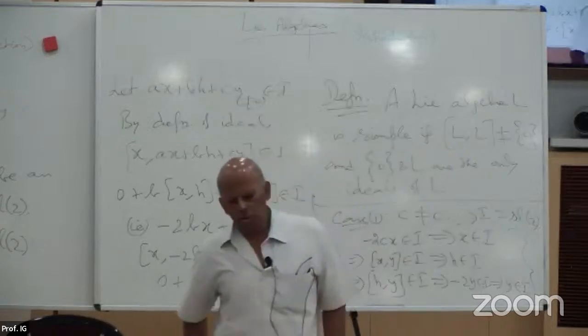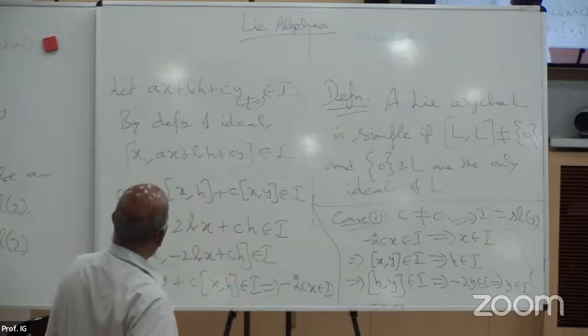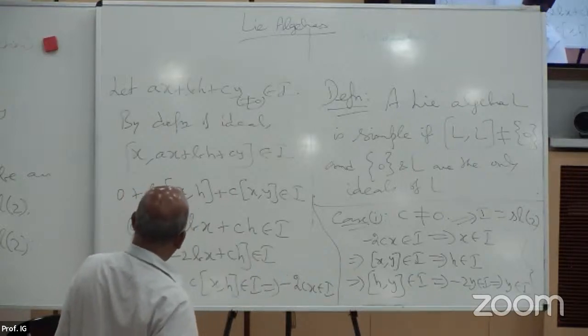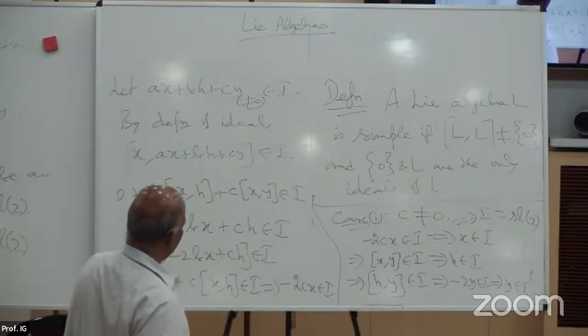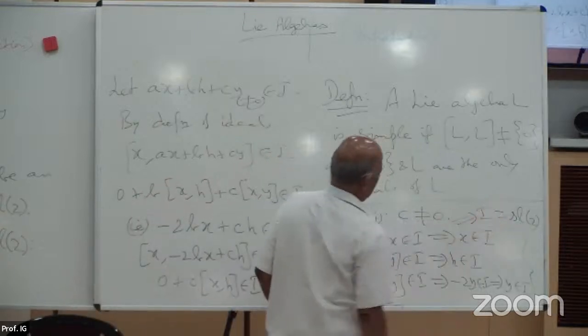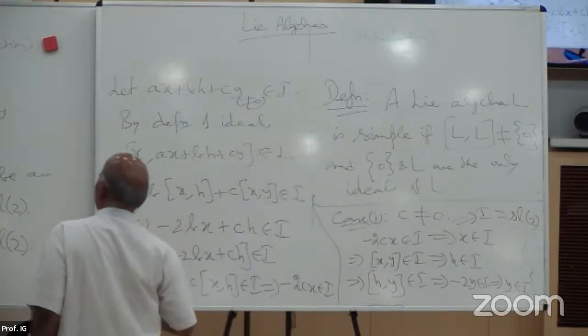All these things tell you that I is SL2. This is what we want to prove in general. We have taken an arbitrary non-zero element ax plus bh plus cy, and then by applying x twice, we managed to get rid of a and b. We got minus 2cx. If c is not 0, this is the first case. If c is non-zero, we are able to get that I is SL2. Now suppose c is 0.